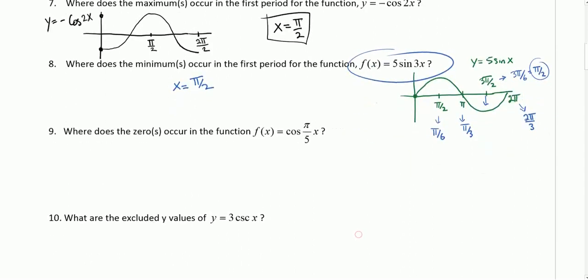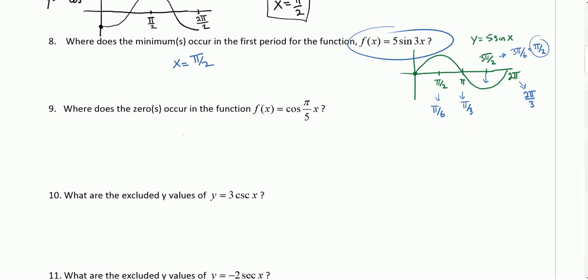Alright, number 9, where do the zeros occur in the function f of x equals cosine of x over 5? So first, I'm going to start with y equals the cosine of x, focusing on where the zeros are.